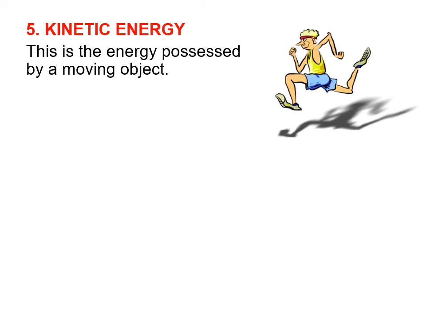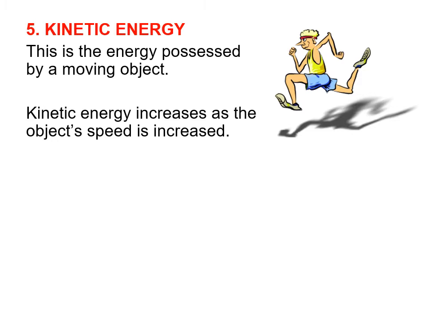Another form which is very important, so we'll look at this in more detail, is kinetic energy, and that's the energy from moving. This runner, for example, is moving. He is creating kinetic energy. There is an equation that you will have to become familiar with, but basically, the faster you go, the higher your kinetic energy.